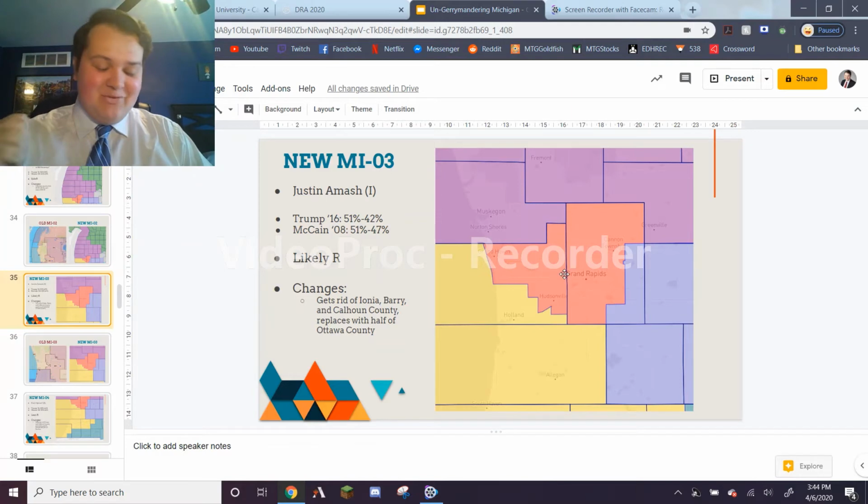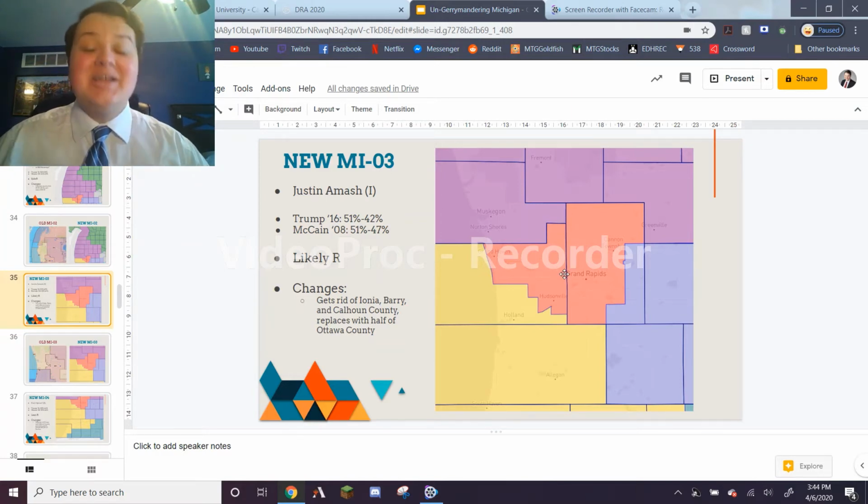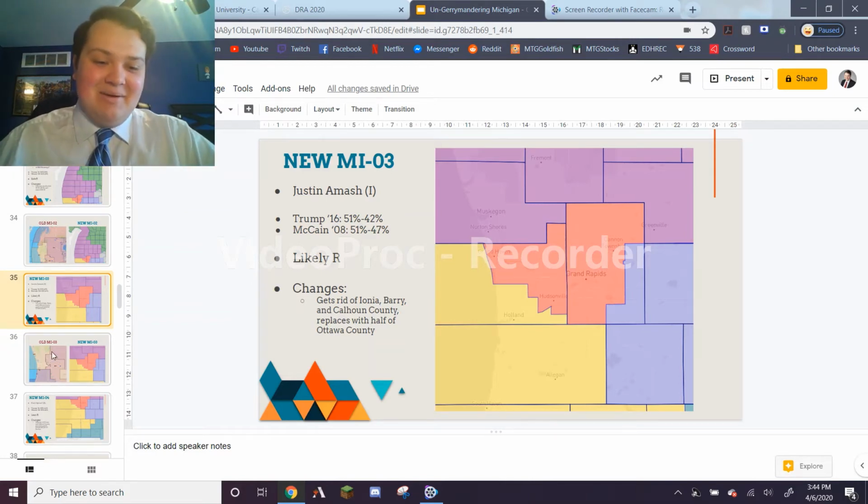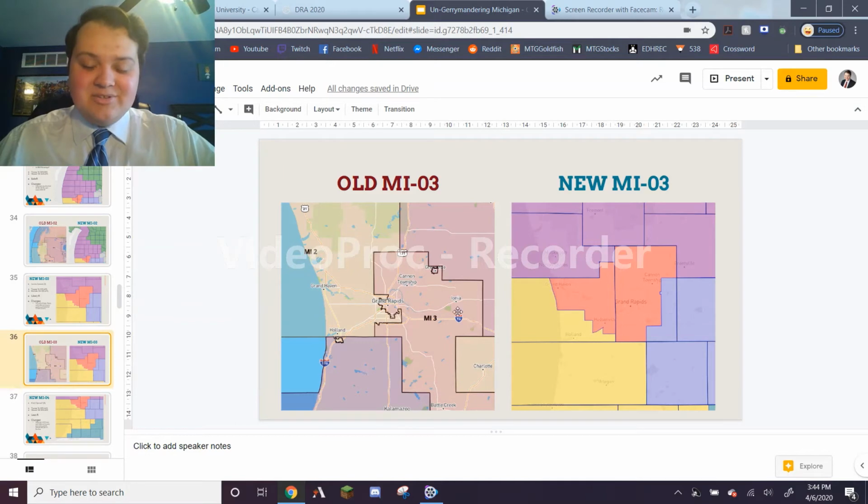So for those of us Lakers, we can finally say that the Allendale campus and the Grand Rapids campus will actually be in the same congressional district, as they currently aren't, and it's a real bother. So currently you can see the district gets a big portion of Kent County chopped out by the 2nd district, and instead it just goes down this way. Now you get most of Kent County except for these parts cut out that we'll talk about later.